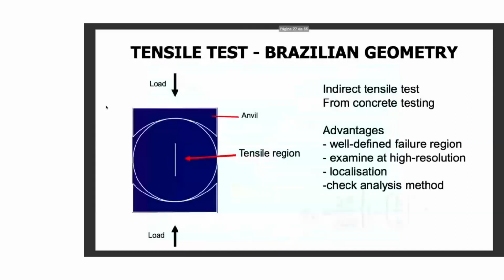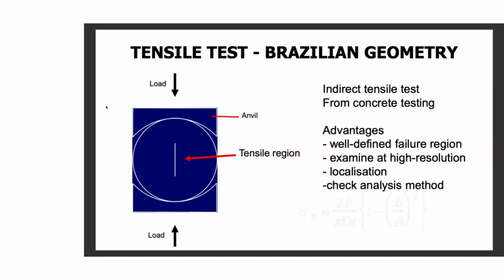Now, we can also use the Hopkinson bar to do indirect tensile testing. And this is a technique that we found very useful for such systems. It's called the Brazilian test. So we have a load being applied through some curved anvils. There are some very well-defined equations on the curvature of the anvil. And we have a sample that takes the form of a disc.